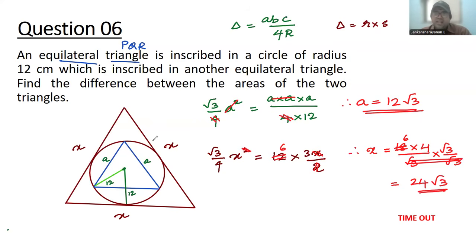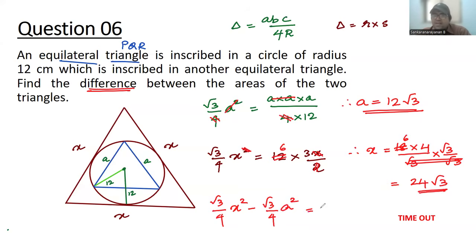So the area of the two triangles can now be easily calculated, right? They are asking us to find the difference between the areas of the two triangles. So we can now find the difference. It will be root 3 by 4 x square minus root 3 by 4 a square. That's what we are asked to find out, right?